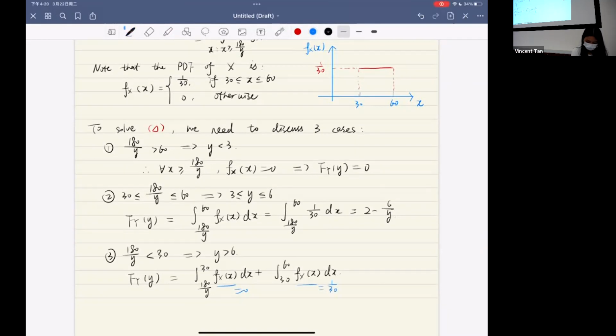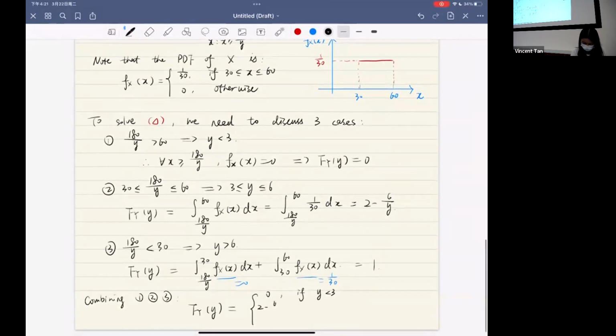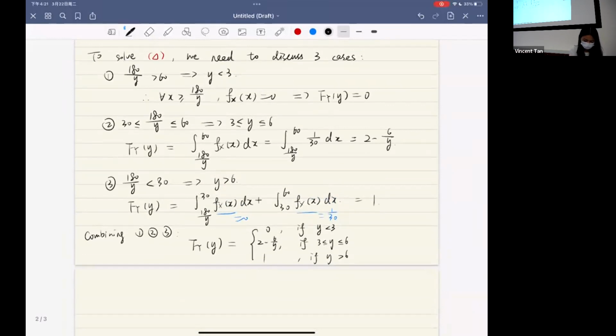So the result is 1. By discussing 3 cases of the values of y, we obtain the final CDF of y.